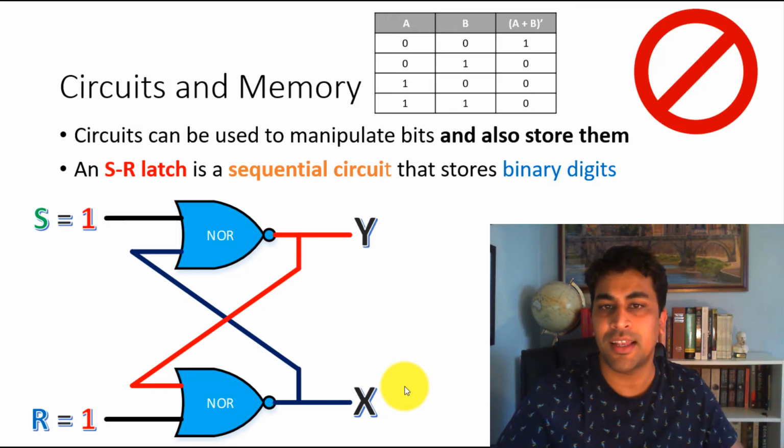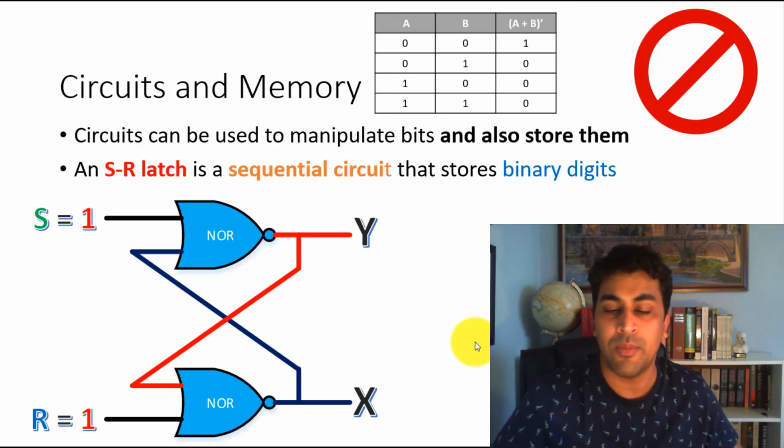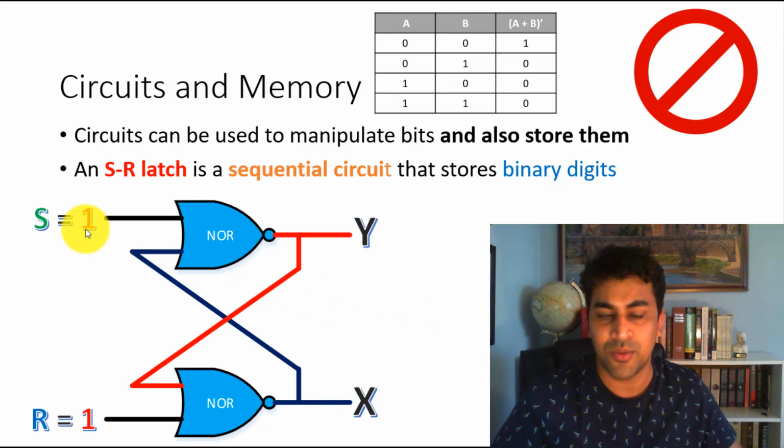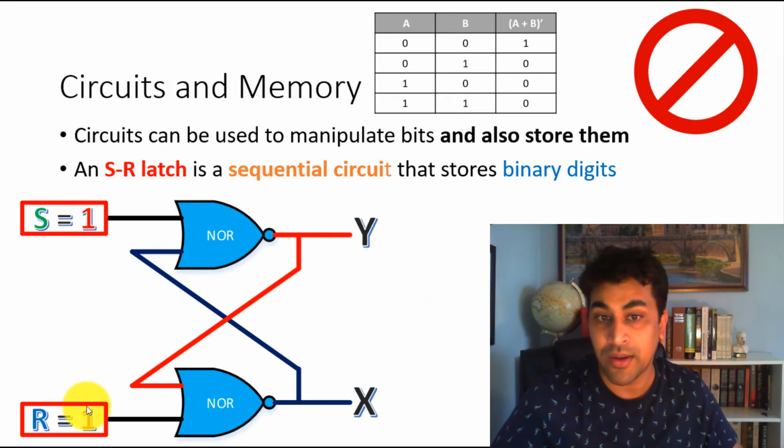There's a state in the SR latch which we just don't use, and we call this the forbidden state. It is the state where S is equal to 1 and R is equal to 1. Consider what happens when S is equal to 1 and R is equal to 1.